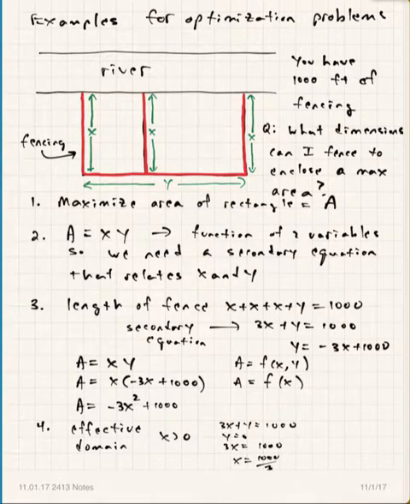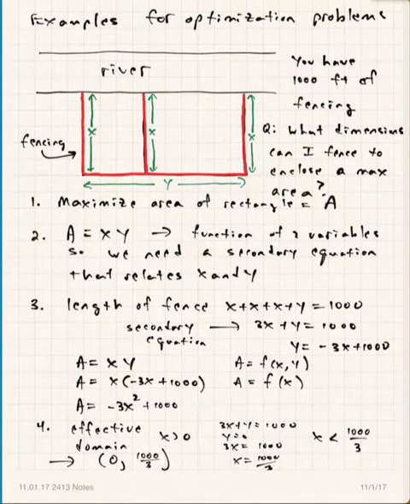We know that y can't be 0. y has got to be bigger than 0. So that means x must be less than 1,000 thirds in our particular problem. So we do get an open interval for this problem, that x has got to be between 0 and 1,000 thirds. That's our effective domain, that we can only use x's in that interval.